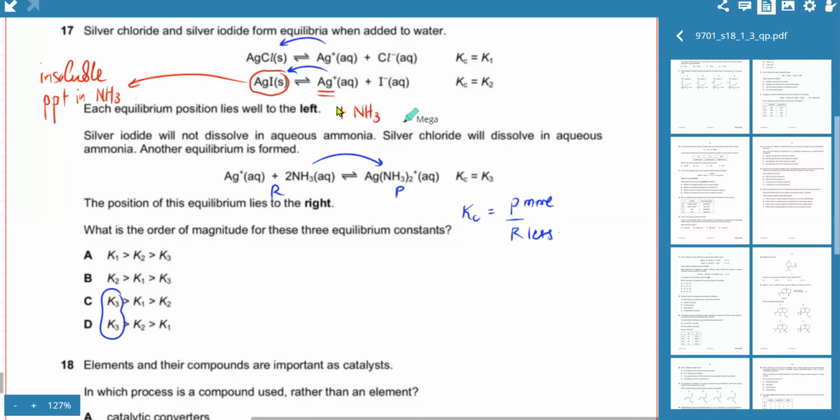And if silver ions are used up, according to Le Chatelier's principle, the equilibrium would shift forward, right? So adding ammonia would dissolve some of the precipitate.